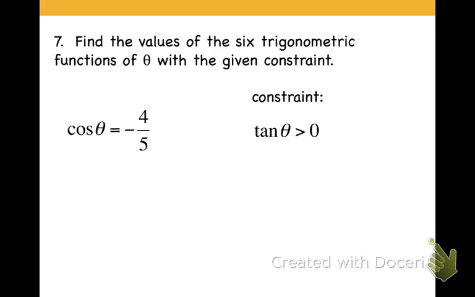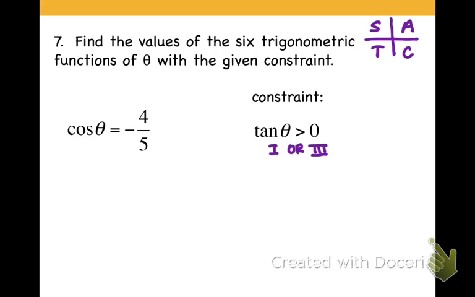All right, so that All Students Take Calculus, I'm going to put that up here in the corner so I can keep that in my mind. I know my tangent needs to be positive. So if tangent is positive, that's going to put me in either the first quadrant, where everything is positive, or the third quadrant.